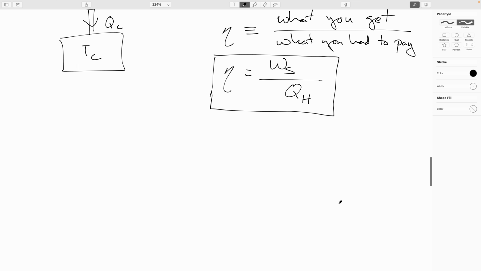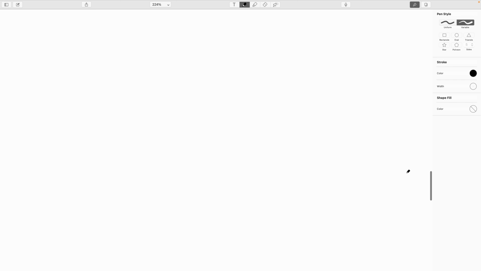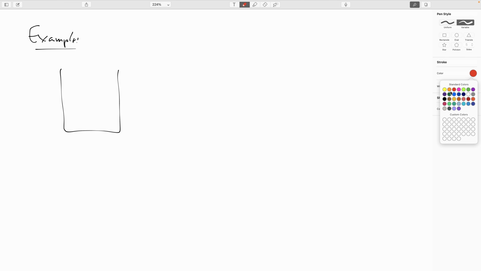Now, let's have a nice example of how such a process might work. We can imagine we burn a Bunsen burner, like so.